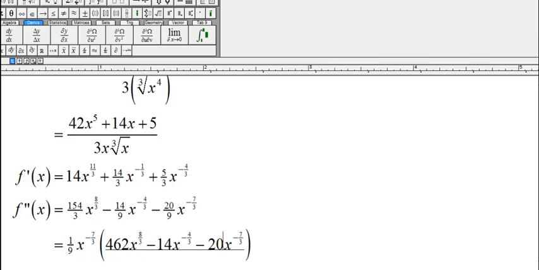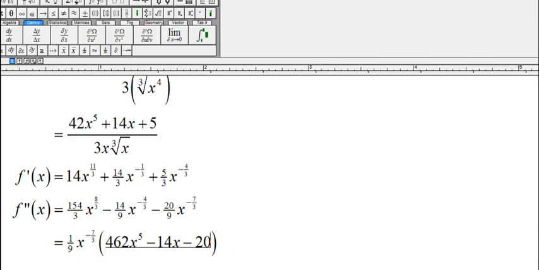So this becomes 8 thirds plus 7 thirds is 15 thirds, which is just 5. X to the 7 thirds times x to the negative 4 thirds is x to the 3 thirds, which is just x to the first power. And then this x, that one cancels out.